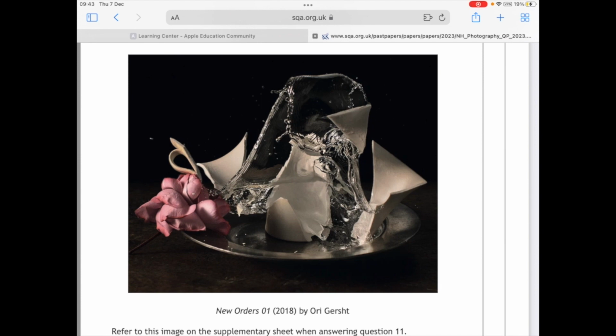If you said it captures the motion of the water in the exploding mug, you wouldn't get a mark, because the word capture is quite subjective. So you could capture the water at slow shutter speed. So if you're talking about fast shutter speed, you must talk about freezing the motion, okay, or freezing the movement, okay, stopping the movement in time.